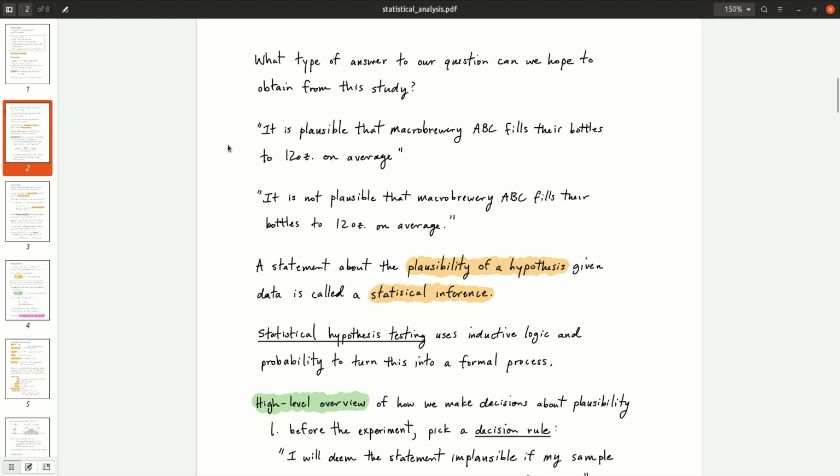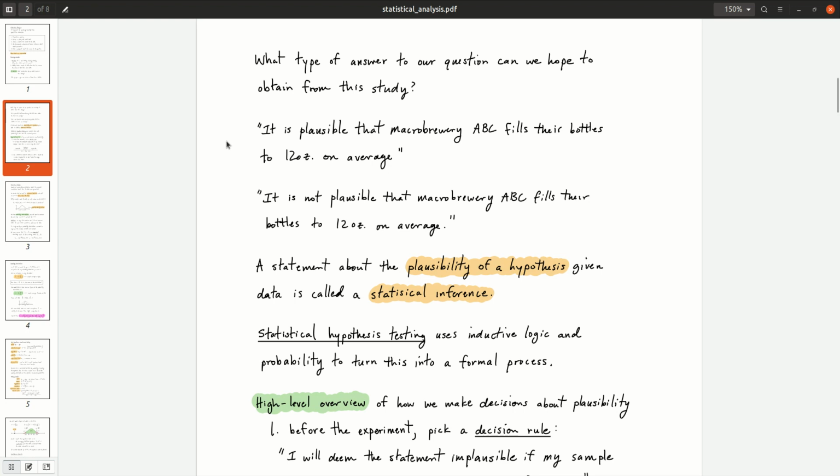We're not going to be able to say that macro brewery ABC on average fills their bottles to 12.97345 ounces. The reason for that is because it's not going to be possible to sample every single bottle from the brewery. We have to collect a subsample of them. And one of the main things that statistics does is it allows you to use a sample to say something about the broader population.